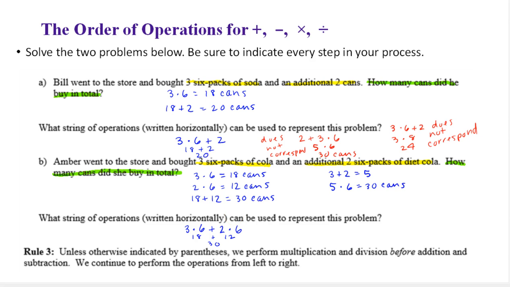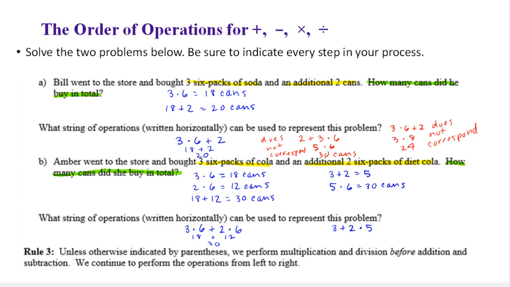Well, what if we wanted to add the 3 and the 2 first? Okay. Well, if we write 3 plus 2 times 5, okay, performing the multiplication first, well, that would be 2 times 5 is 10, okay, and 3 plus 10 is 13.